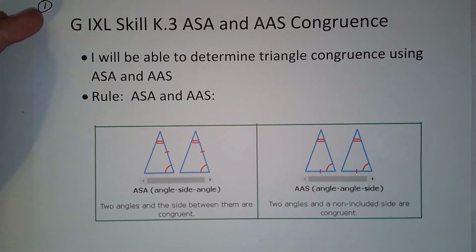And this one is G for Geometry, IXL Skill K3, and it's entitled Angle, Side, Angle and Angle, Angle, Side Congruence. What we're going to be doing here is determining triangle congruence, in this case using angle, side, angle and angle, angle, side.